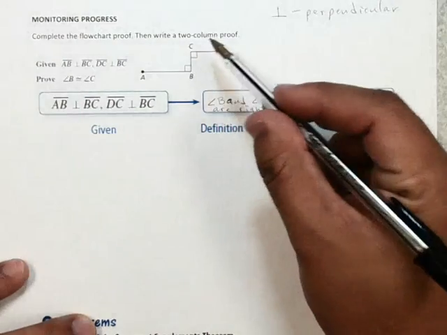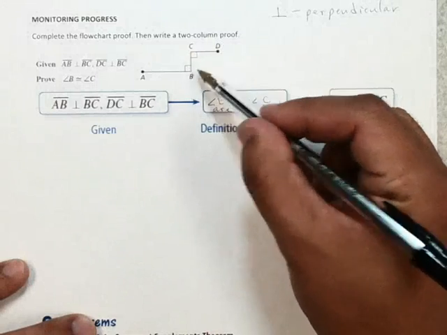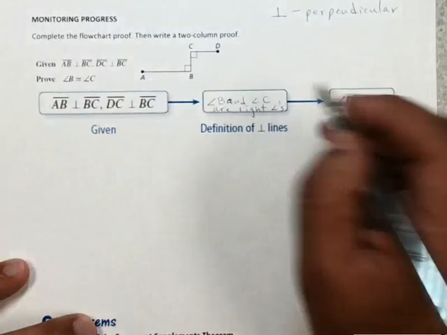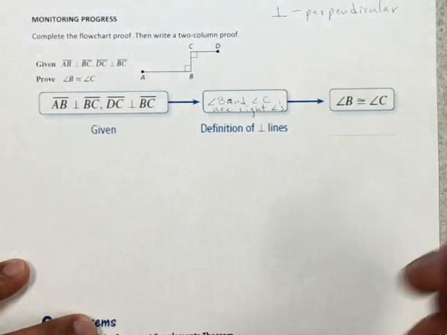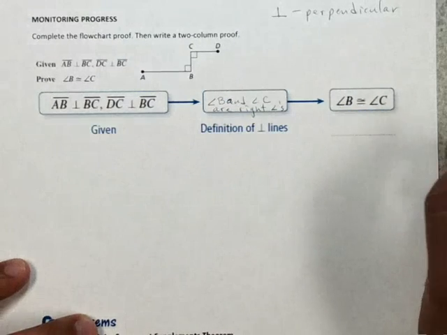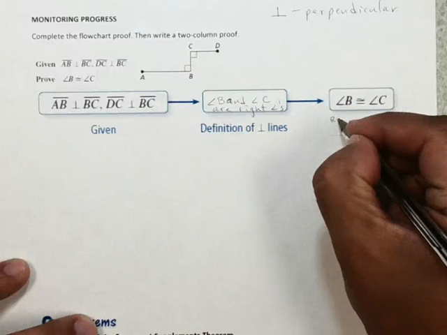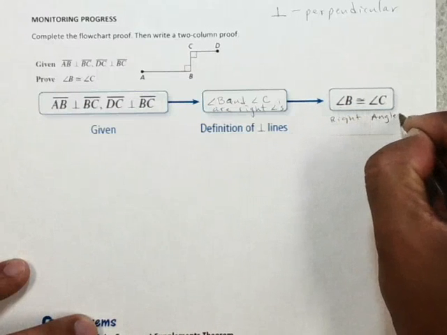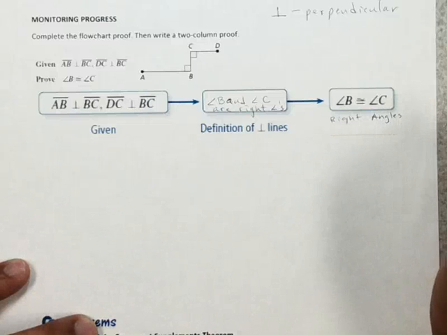If these lines are perpendicular, then these two have to be 90-degree angles. And because they're both 90-degree angles, by the theorem we just looked at, I know that angle B is congruent to angle C. That theorem was called the right angles theorem, which said all right angles are congruent.